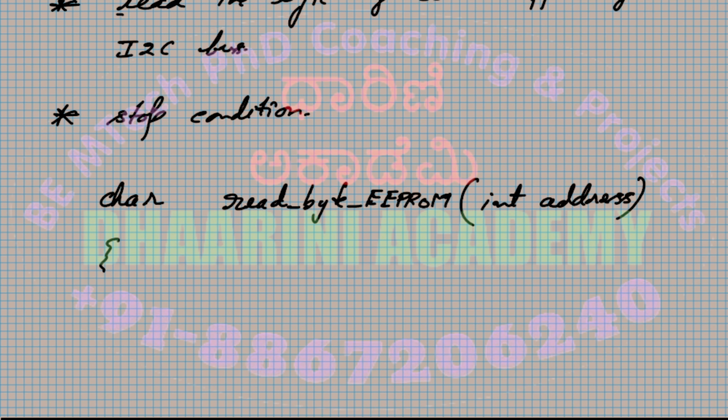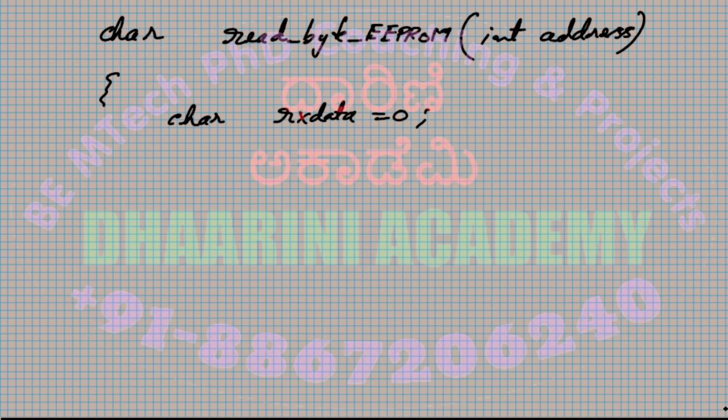Okay, fine. So now initialize that character. I'll write rx data, received data, I'll initialize with 0. Absolutely fine with that, right? So I can initialize with what I want. I start with this.